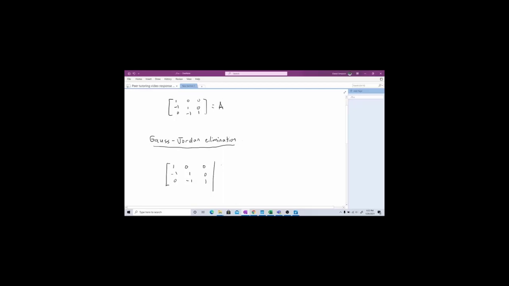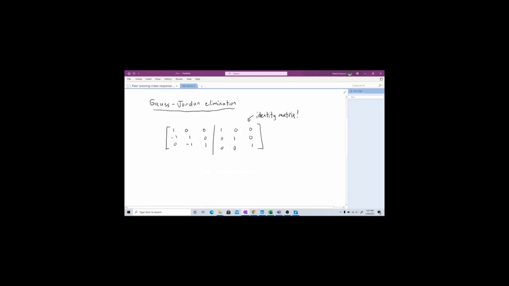We're just going to put 1, 0, 0, 0, 1, 0, 0, 0, 1. And that is the identity matrix. So we put the identity matrix on the right side, and then we can do Gauss-Jordan elimination. So I'll just quickly go through that here.